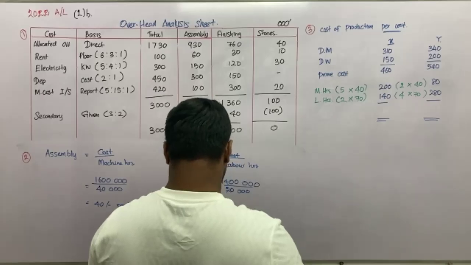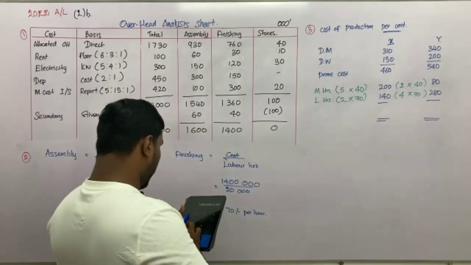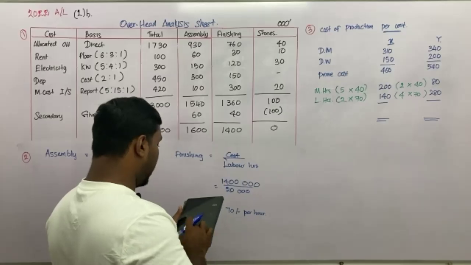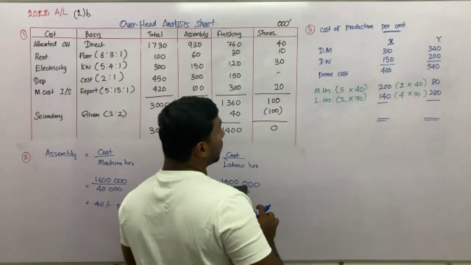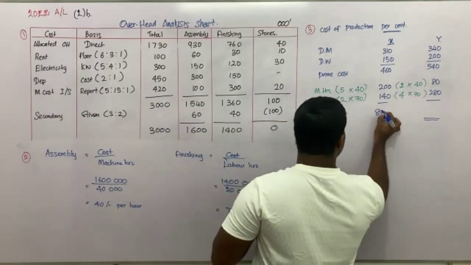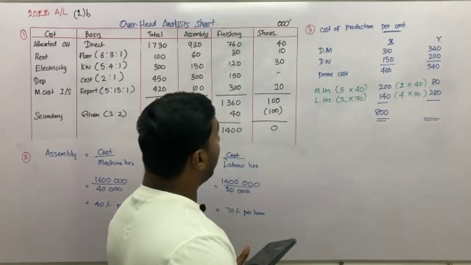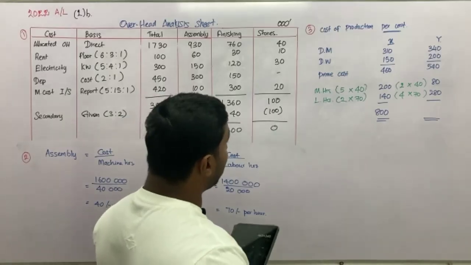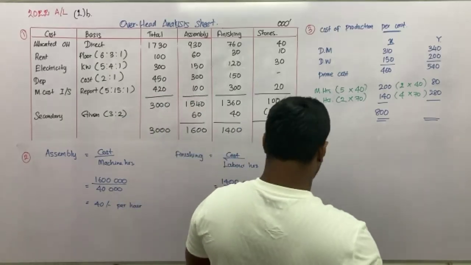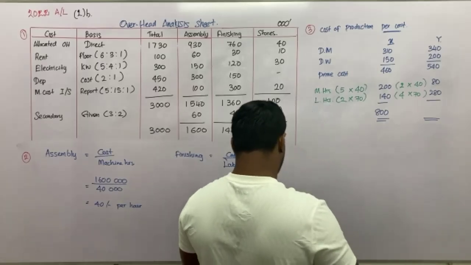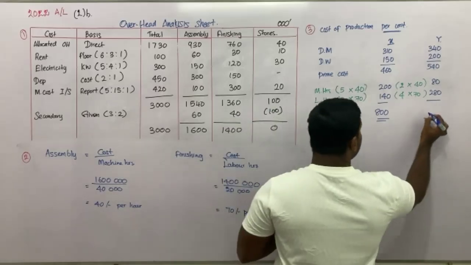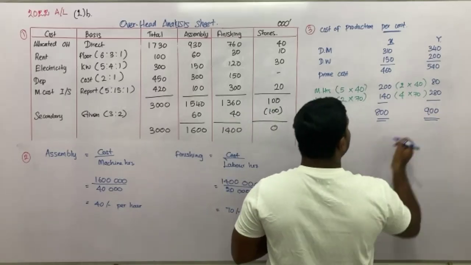So we'll calculate 460 plus 800 will be our cost per unit here, and 540 plus 80 plus 280, 900 will be our cost per unit.